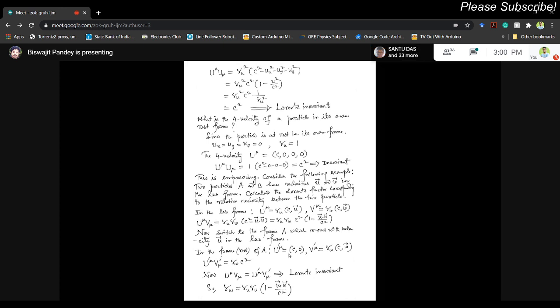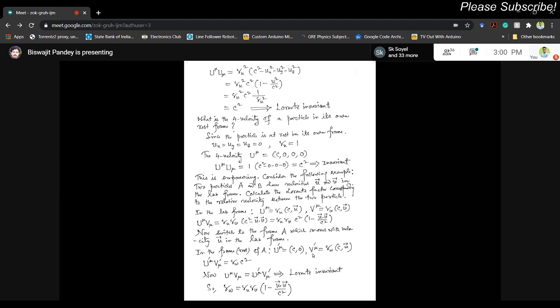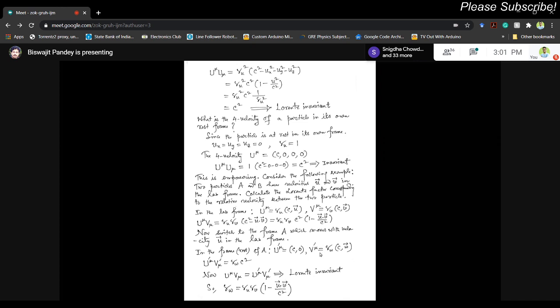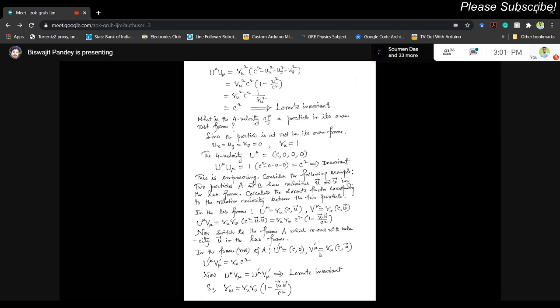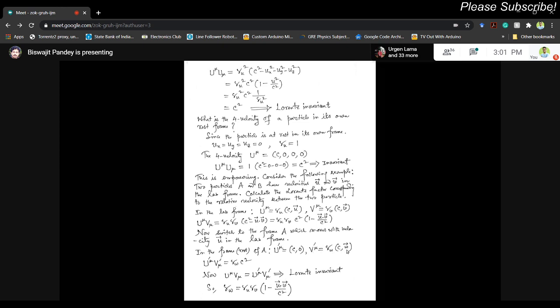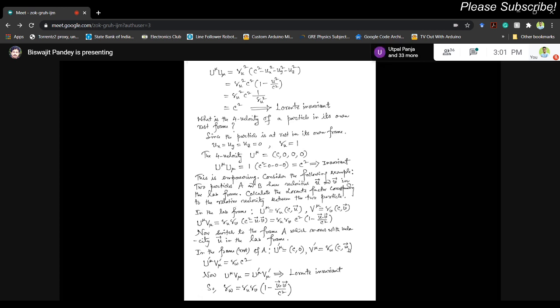So that's why u mu prime is c comma 0, and v mu prime is the four-velocity of the particle B in the frame of A. And let us define the velocity to be w, that is the relative velocity. Velocity of B with respect to A. That means the velocity measured by A. Velocity of B measured by A. And in that case, v mu prime will be gamma w c comma w. w is the three-velocity of the particle B measured by particle A.